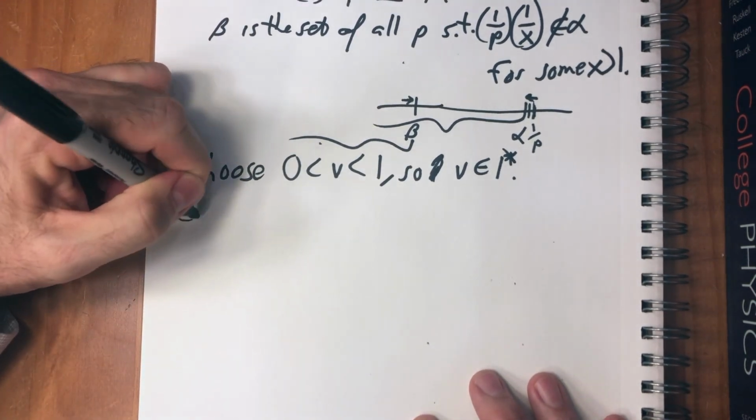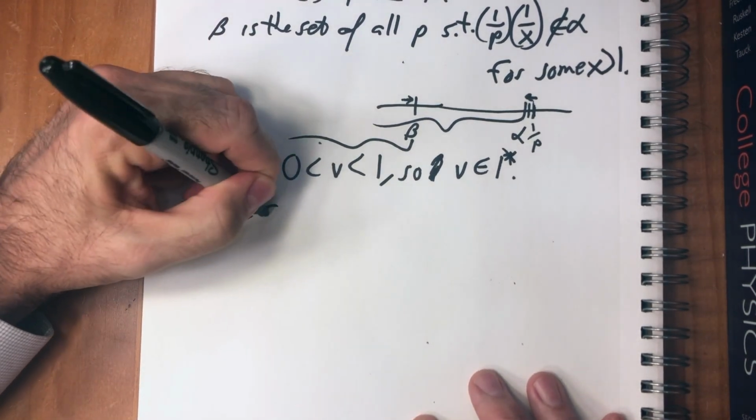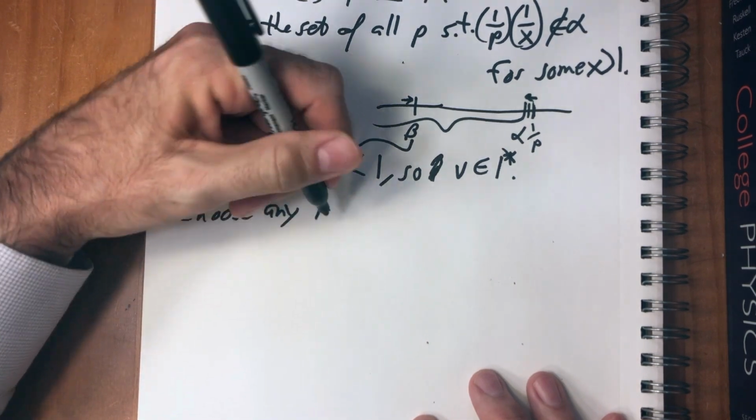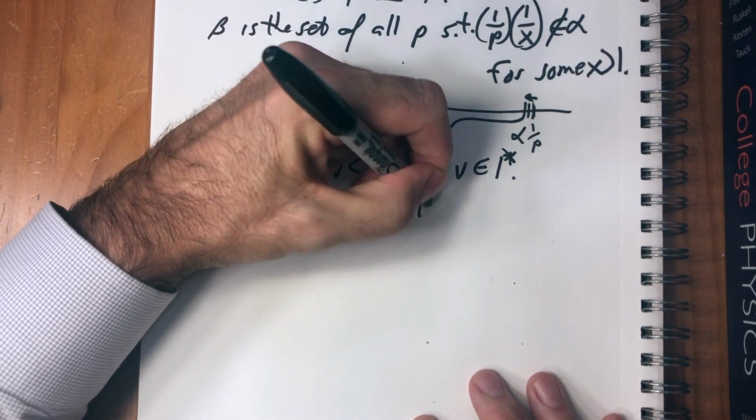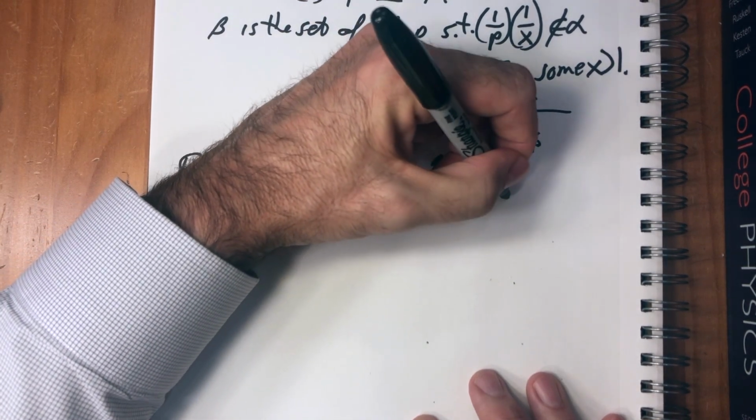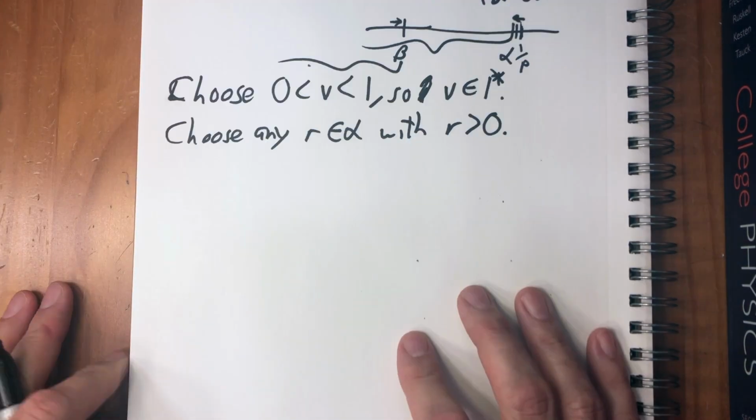So choose any r inside alpha with r greater than 0.